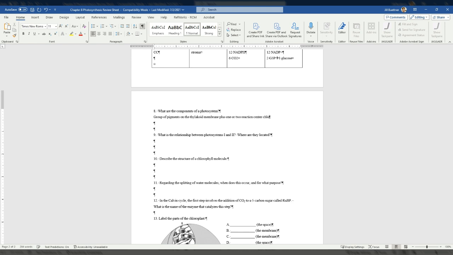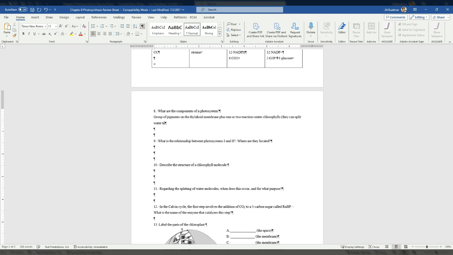And those are the special chlorophylls that can split water. And we split water to get electrons. And the electrons get activated or combined with the sun energy to then be passed down the electron transport chain.